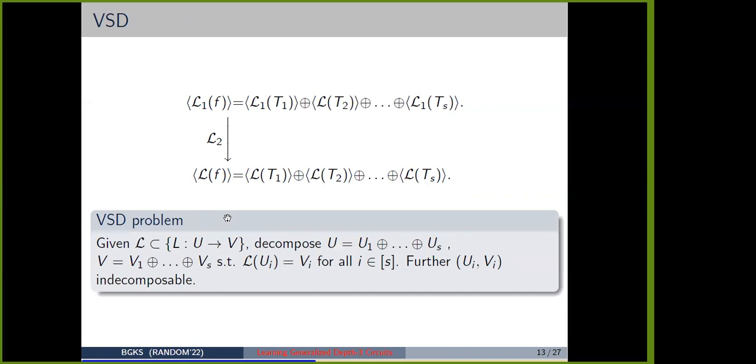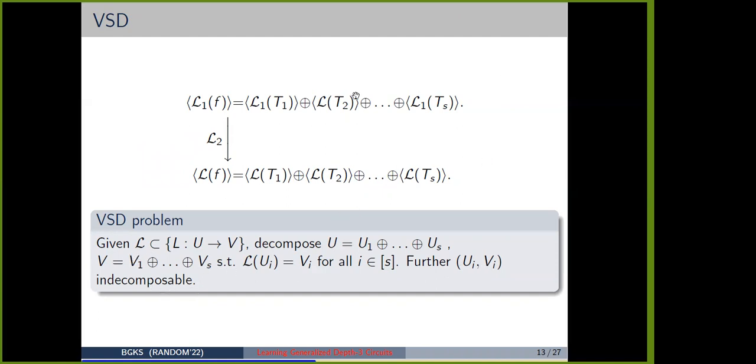So this is what we refer to as the vector space decomposition problem for this talk. Let me give a concrete definition. If I give you a set of linear operators from vector space U to V, your aim is to decompose U as a direct sum, and V as a direct sum, such that L sends UI to VI for all I in S, and further UI and VI are indecomposable.